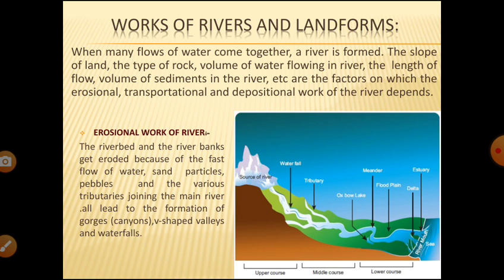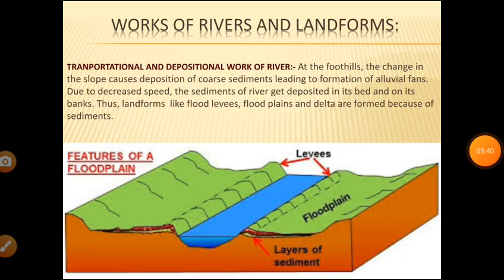Now we'll see the river system. As you have seen in the diagram, the river has three different courses: the upper course, the middle course, and the lower course. Now we'll see what is transportation and deposition of river.